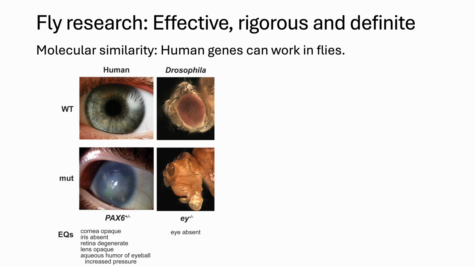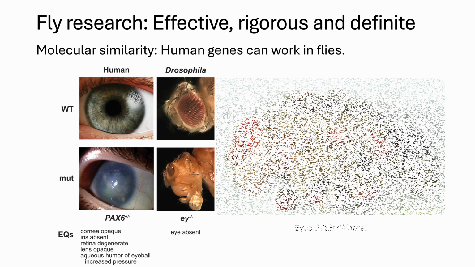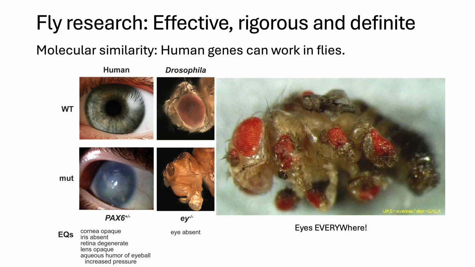Now, what happens if you take the human gene and express it, activate it in all the parts of Drosophila? You can actually get eyes developing everywhere, right? Now, obviously, the first question is, can the fly see through all of these parts?